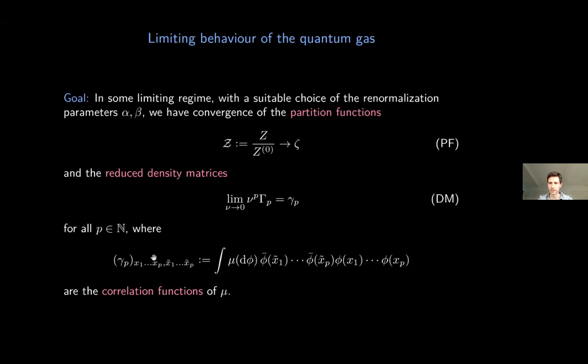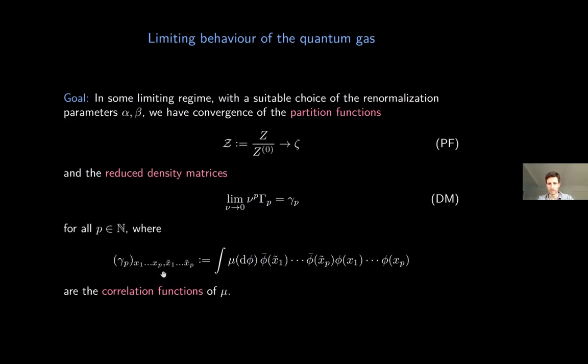We prove convergence in L^r of this function of 2p variables with optimal exponent r. Unfortunately, you can't prove convergence in L infinity or in the space of continuous functions, because these density matrices, as soon as you are in dimensions above 1, are not continuous and not bounded.